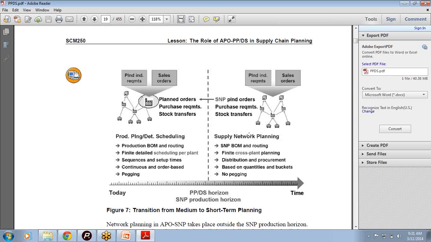The main difference is that in SNP we have higher level orders, meaning we say this much quantity is manufactured in 1 week or 1 day, but we do not know how exactly each machine will manufacture that. Planning exactly how much will be manufactured by each machine in a day or even in a second, that level of minuteness, is available only in PPDS, production planning and detailed scheduling.